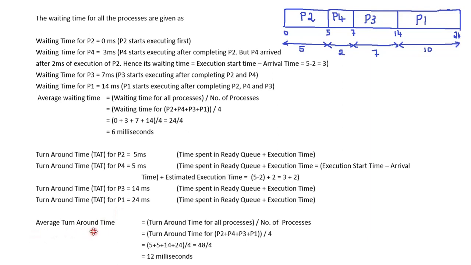The average turnaround time is equal to the turnaround time for all the processes divided by the number of processes. That will be 5 plus 5 plus 14 plus 24, divided by the number of processes, which is 4. The answer is 12 millisecond.